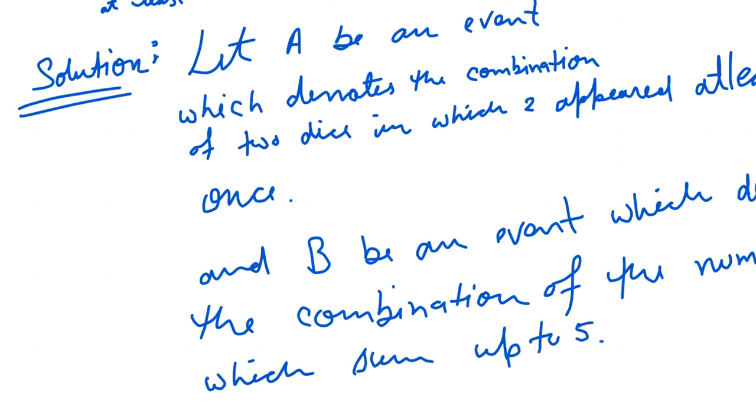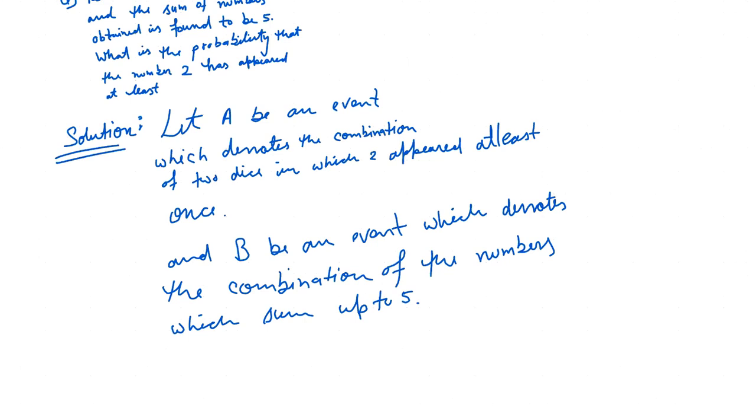So we can represent as A and B. So in A, we will take where we have 2 at least once.